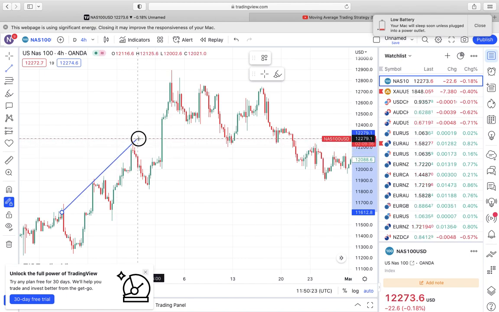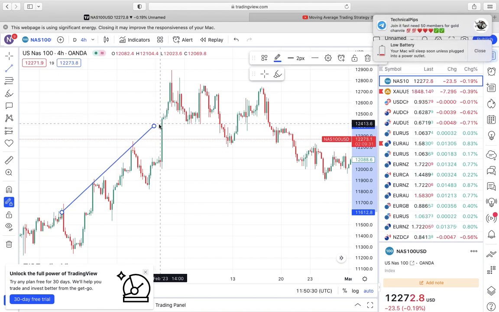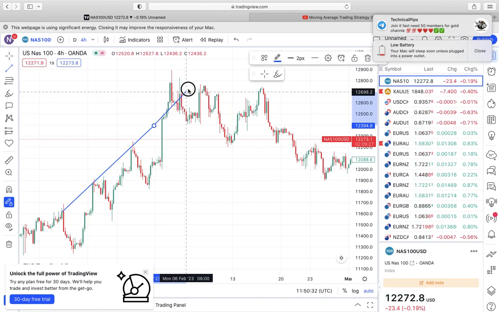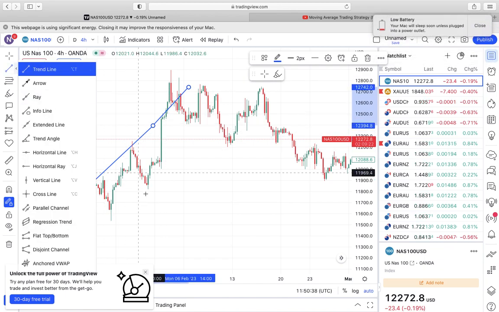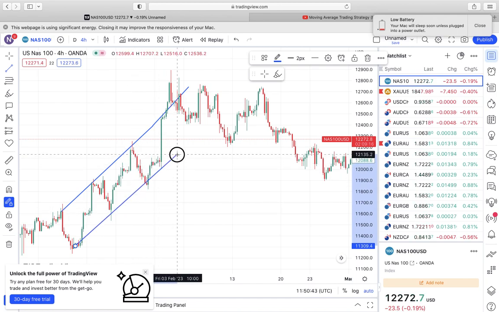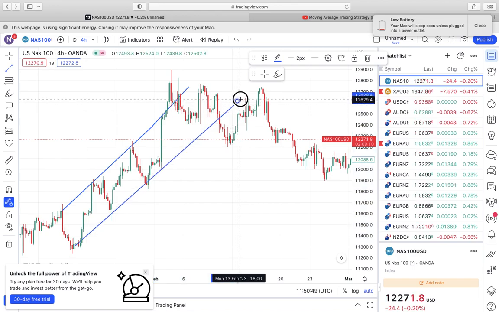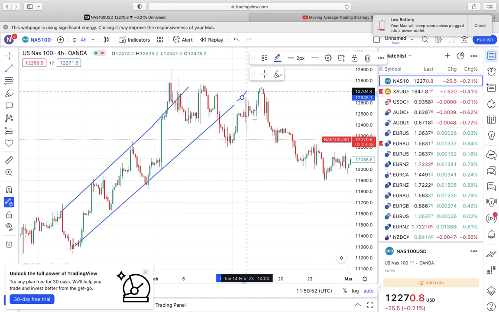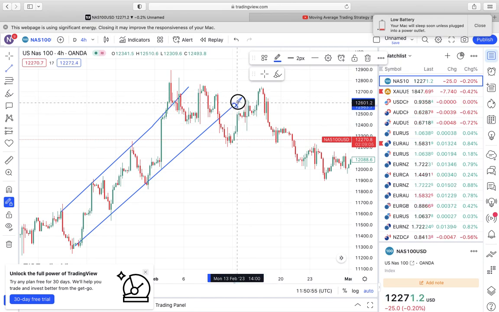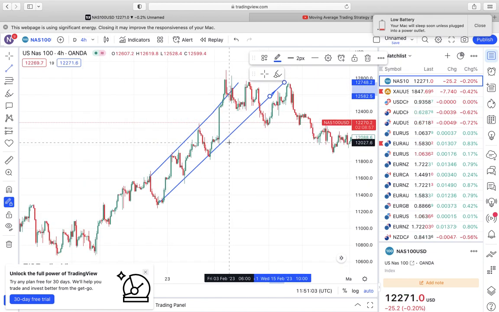This trend line, remove this trend line. Then this one is hit. Then the second trend line is here. Yes, that one is nice.